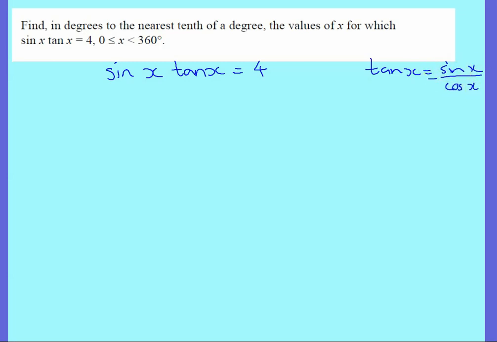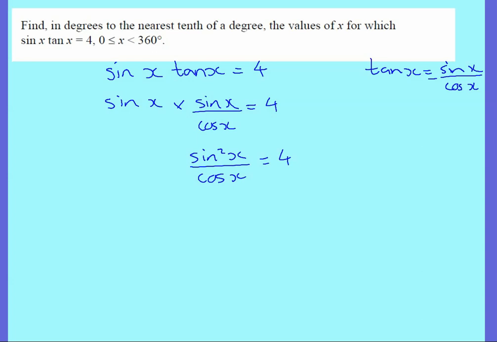Okay, so that means I can say sine x times sine x over cos x is equal to 4, which means I have sine squared x over cos x is equal to 4. So I started off with a sine and a tan, and I was thinking, can I make them the same?